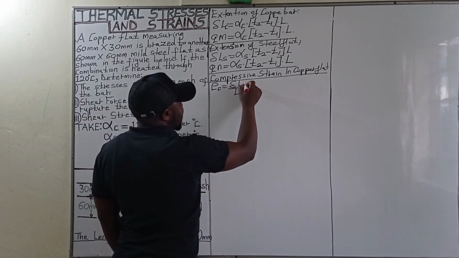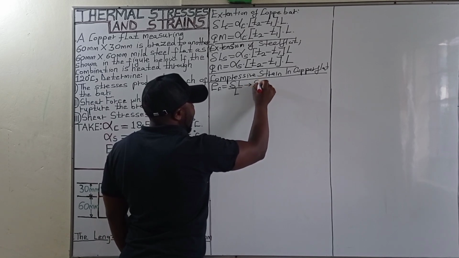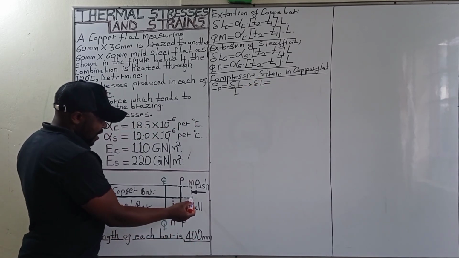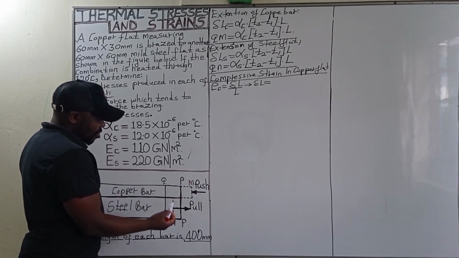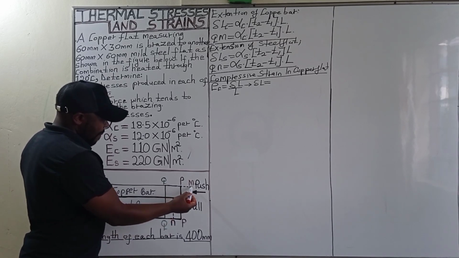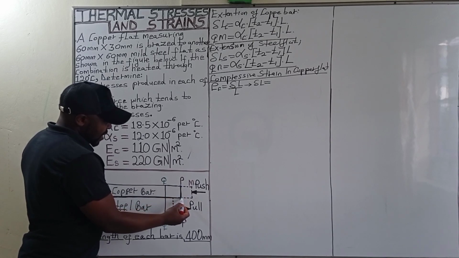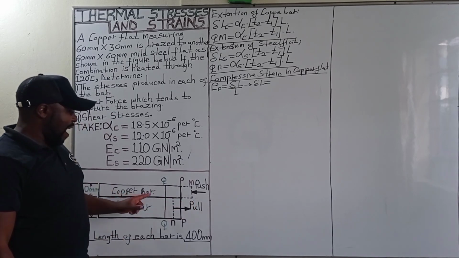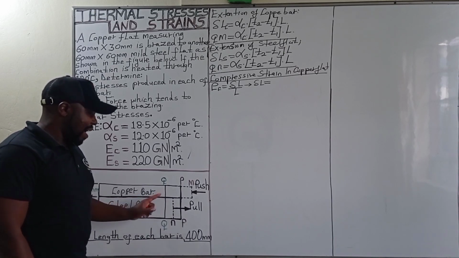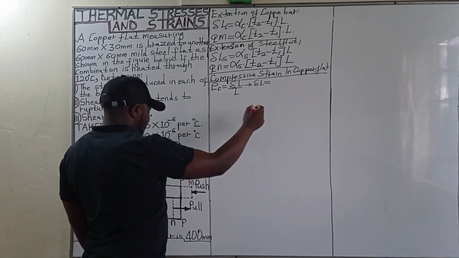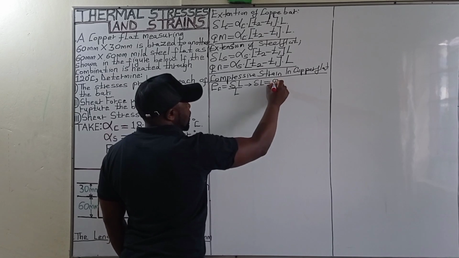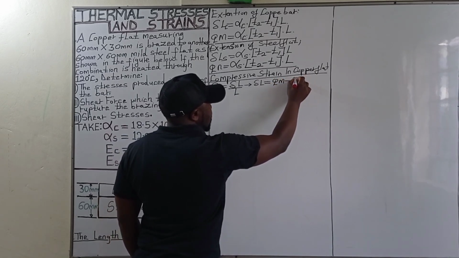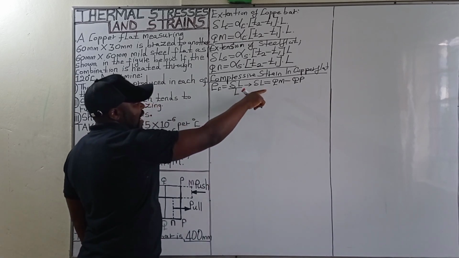In this case, the change in length is the distance P to M, so it will be given by QM minus QP. This is the change in length in the copper flat or the copper bar.